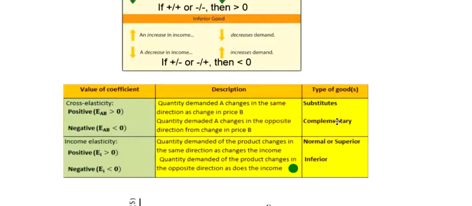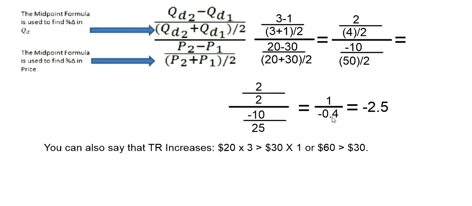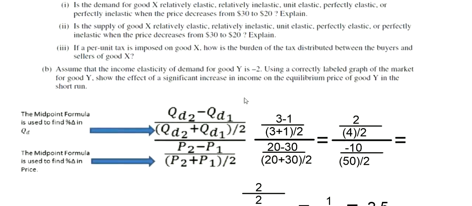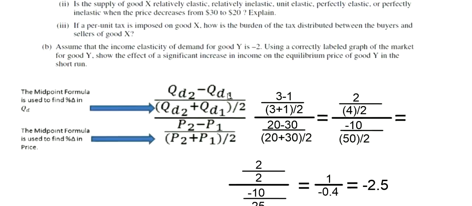So jump back up here and look at our problem. It's telling us that income is significantly increasing, so it's going up. If income is going up, that means quantity demanded is going down because of the negative sign here. The income elasticity of demand is less than 0, or negative. So we know that demand is going down.